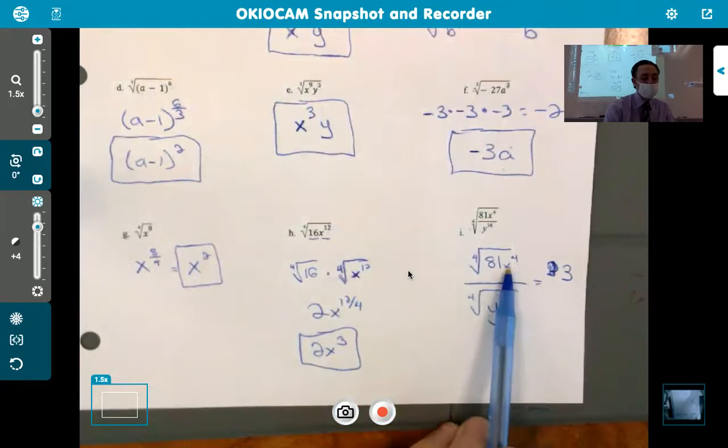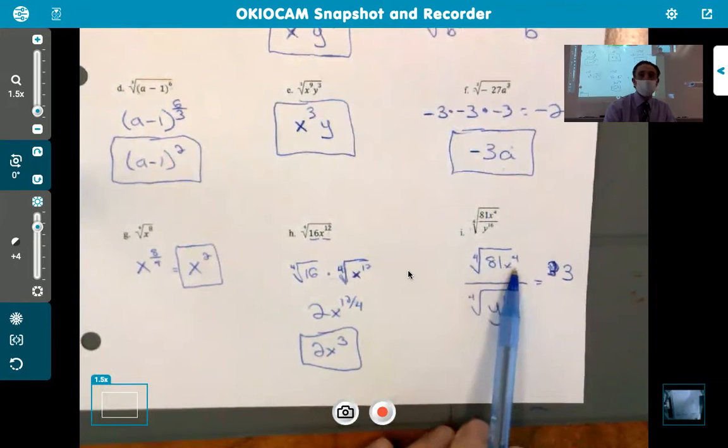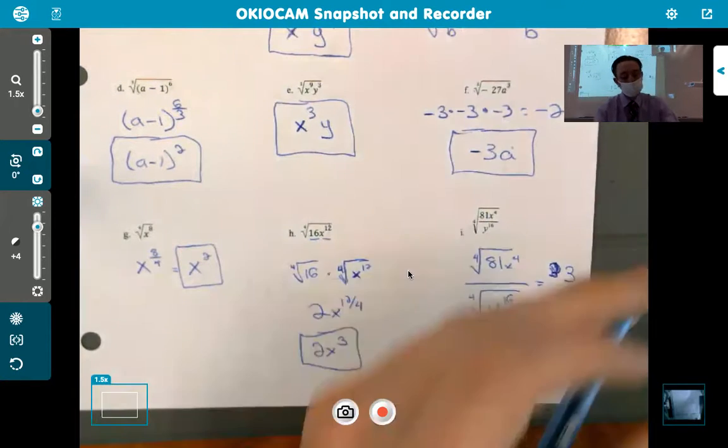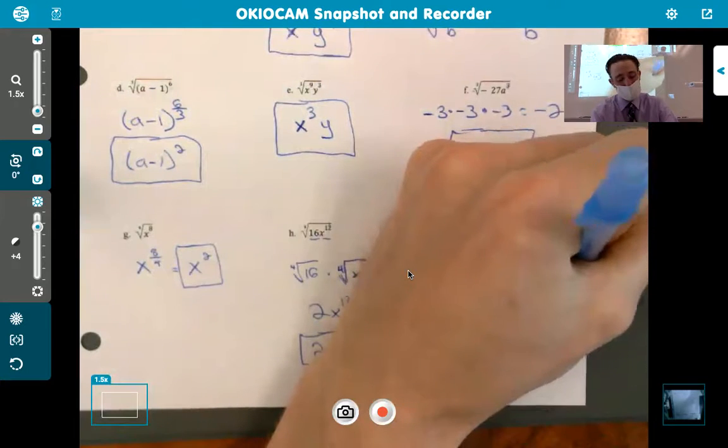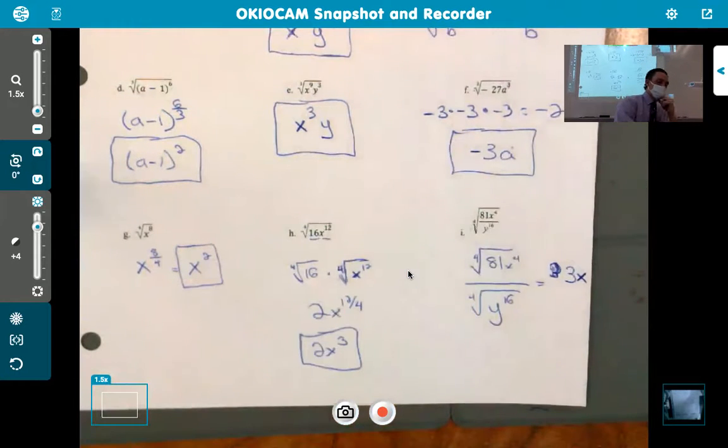How do I simplify the fourth root of x to the fourth? Just x, right? Divide the 4 and the 4, that gives me x to the first power. Are there any questions so far?